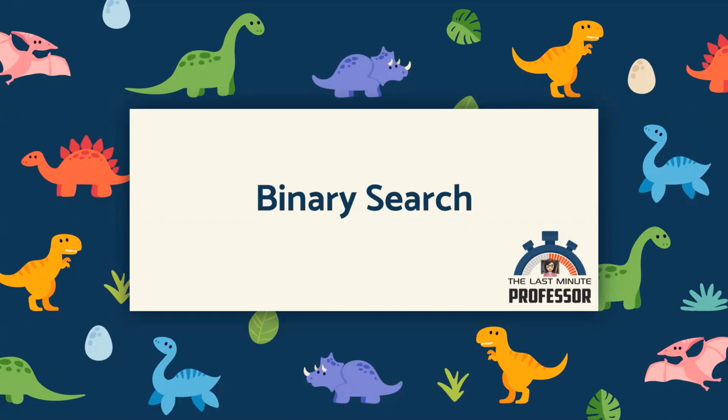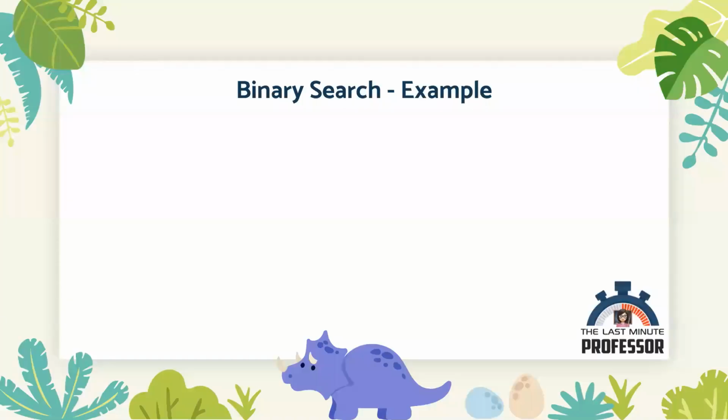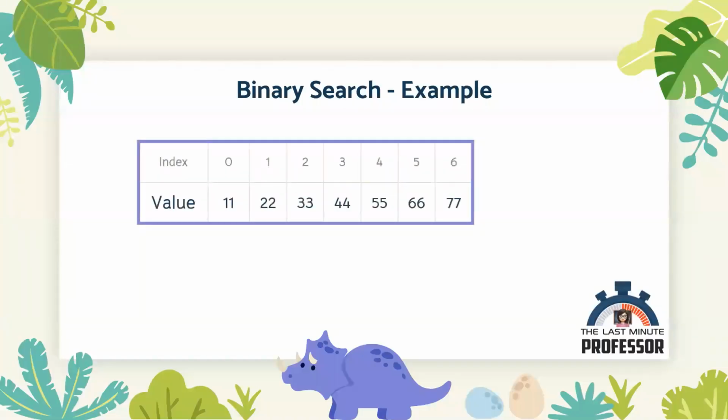Suppose you have a group of sorted values, namely 11, 22, 33, 44, 55, 66, and 77. Here, we have the input values arranged in ascending order.